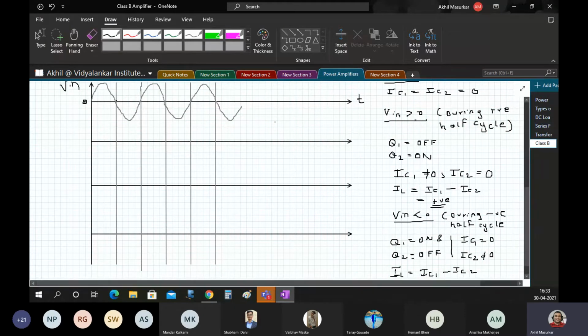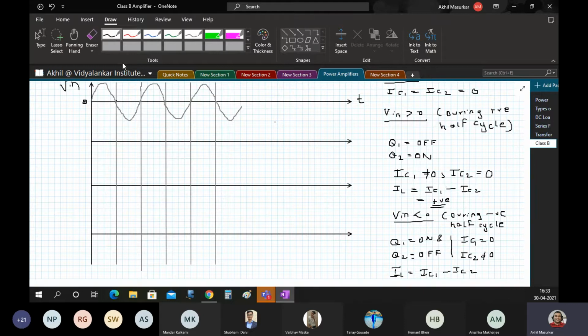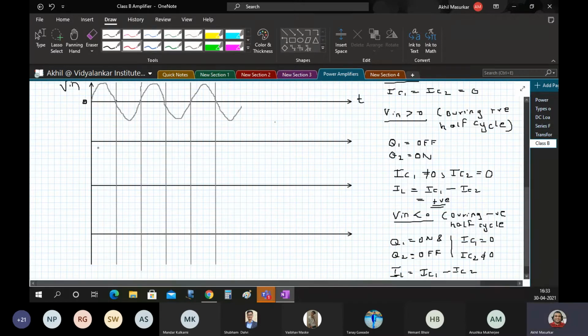And that is the reason why you can see that for positive half cycle we have current which is flowing in the positive direction. For the negative half cycle we have current which is flowing in the negative direction, and that gives rise to an alternating current, and when we see the net current, it is going to be a complete cycle.